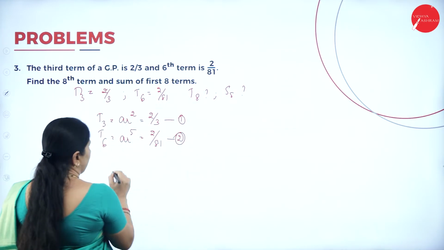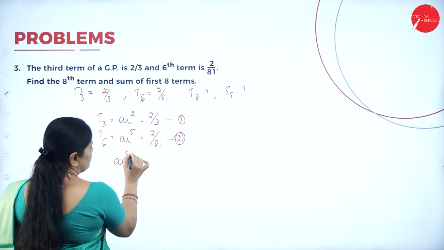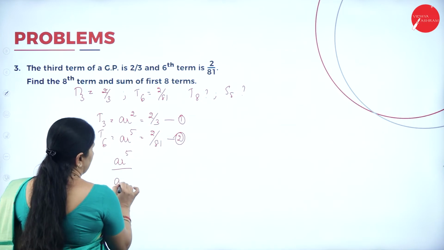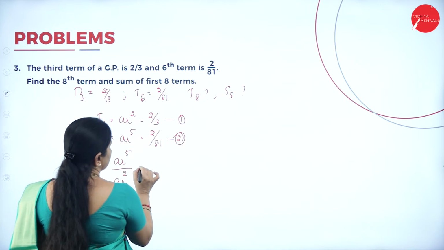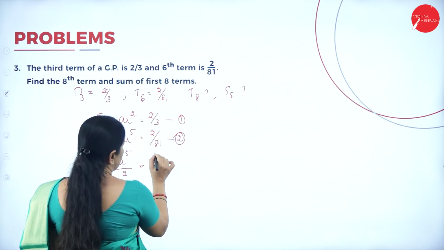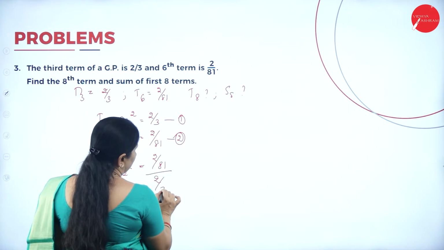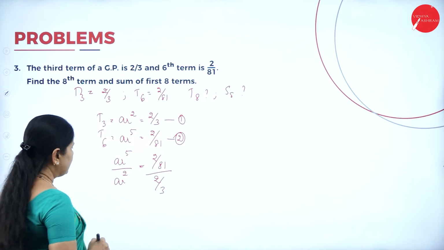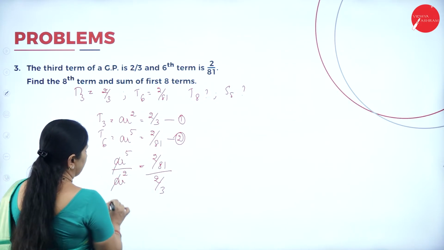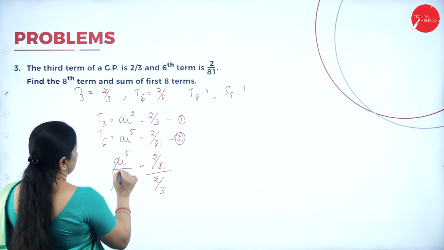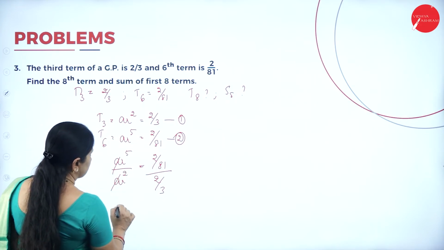So when I divide AR to the power 5 by AR to the power 2, it equals 2 by 81 divided by 2 by 3. So when I divide this, A and A get cancelled. This will be 5 minus 2, that is 3.